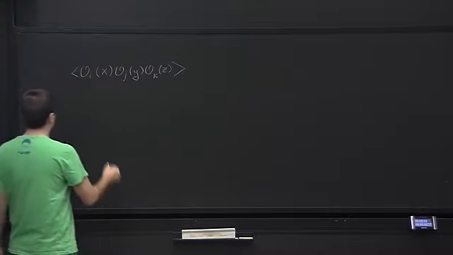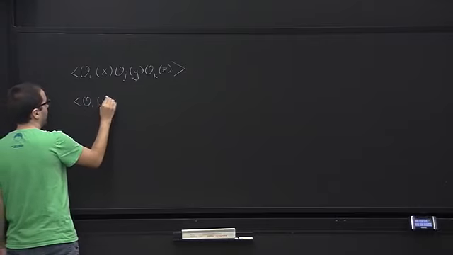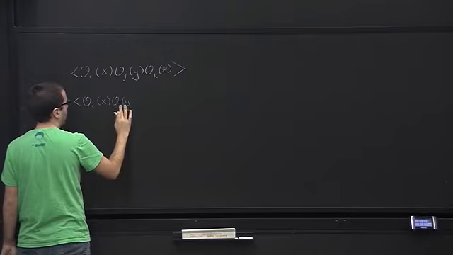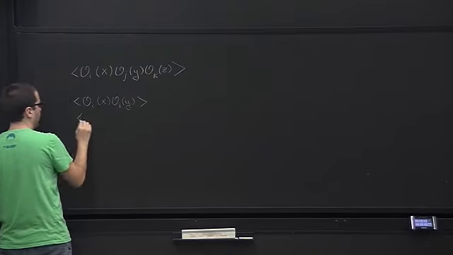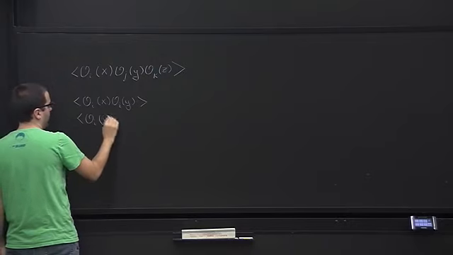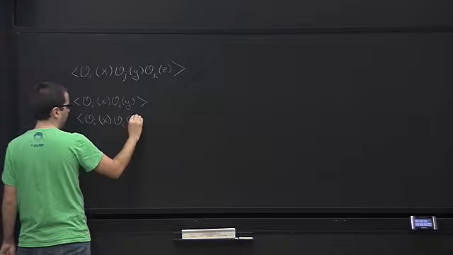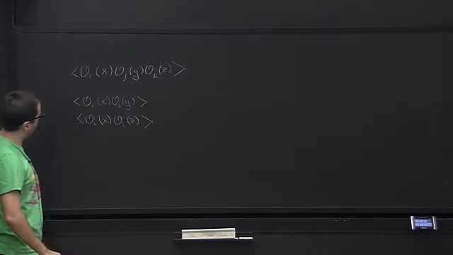Okay, good. So now what I want to do is divide by stuff, which is O_I of x, O_I of y, and I could consider also O_I of x, O_I of z. Okay. And now let's see.